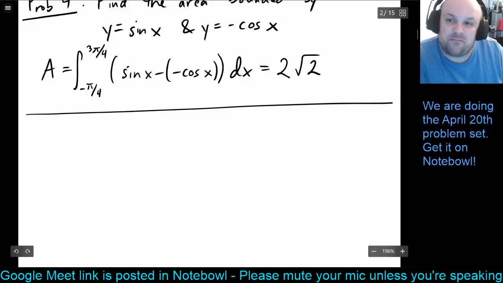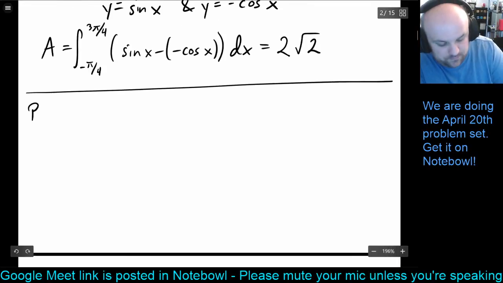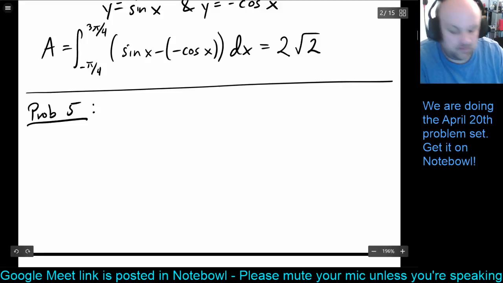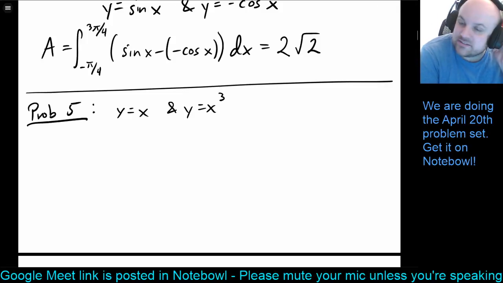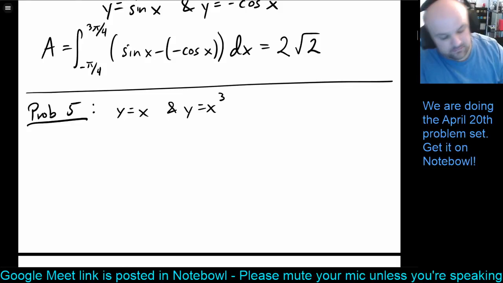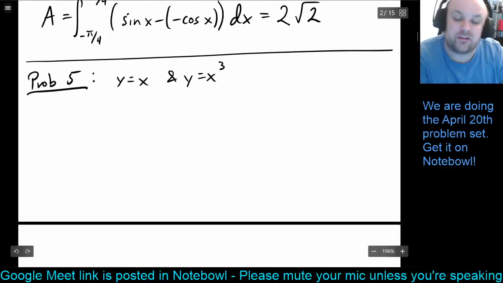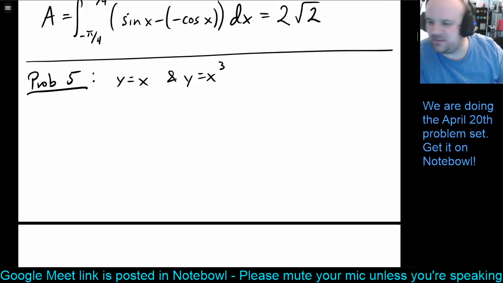So let's look at problem 5. Here we're looking at y equals x and y equals x cubed. We want to find the area bounded by these. So this is another thing we could use Mathematica for, but let's do this one by hand. We've done enough Mathematica for a moment.